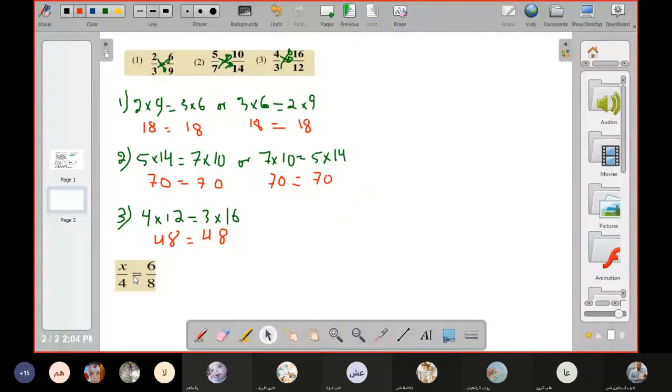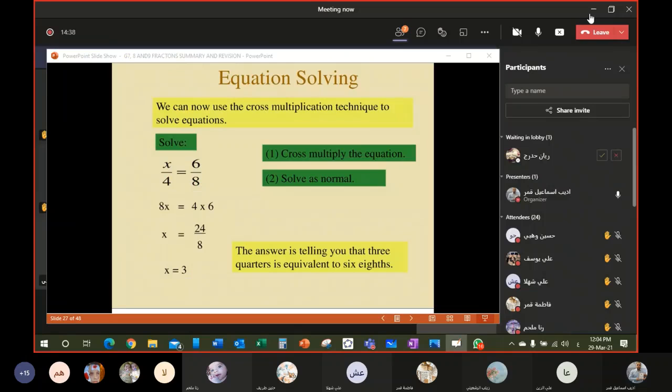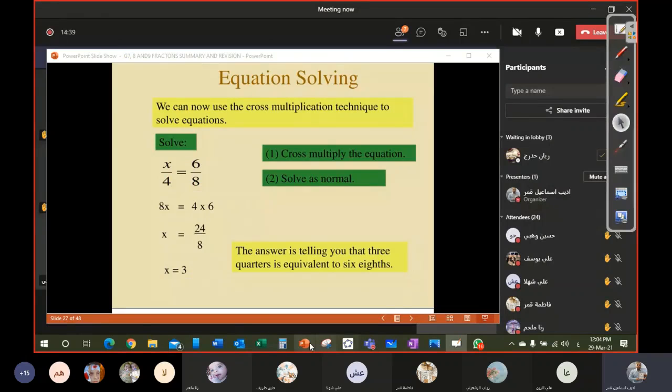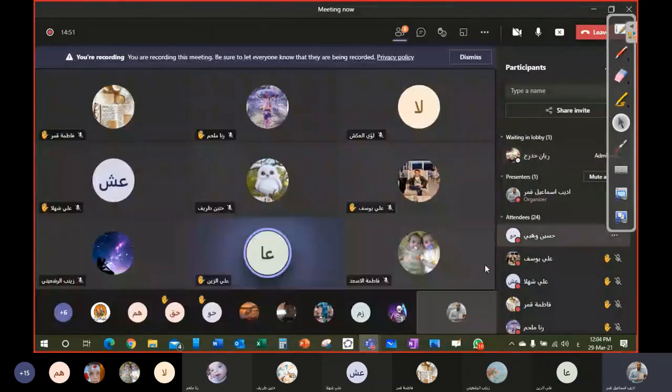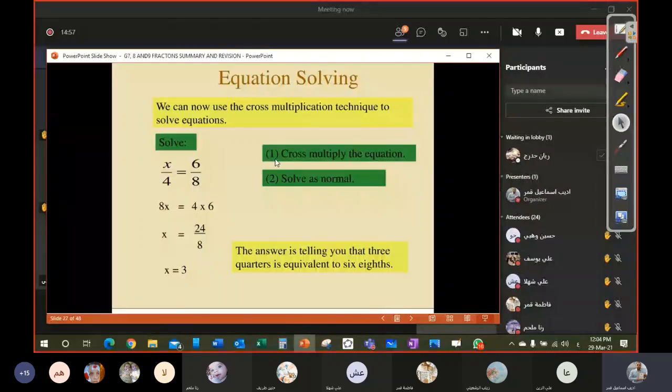Okay, like here. So here, what is the first step to do? 1, cross multiply the equation. We want to find the value of x. X is an unknown. First step, cross multiply the equation. 2, solve as normal.